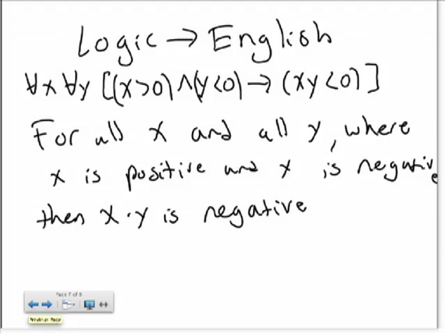And that's how we translate from logic to English. So we've got the for all x and for all y. x is positive, or x is greater than 0, y is less than 0, or y is negative. Then x times y is less than 0, or x times y is negative.